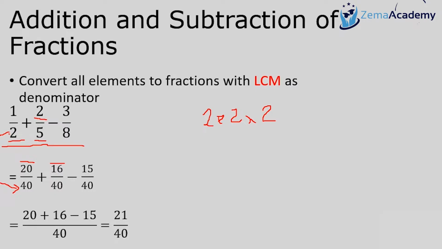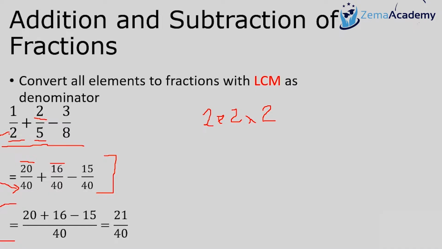Now you can see here that I can write it in this fraction either with separate fractions over the same denominator but separated out, or then on the next line I can actually combine these and have 20 plus 16 minus 15 all over 40.